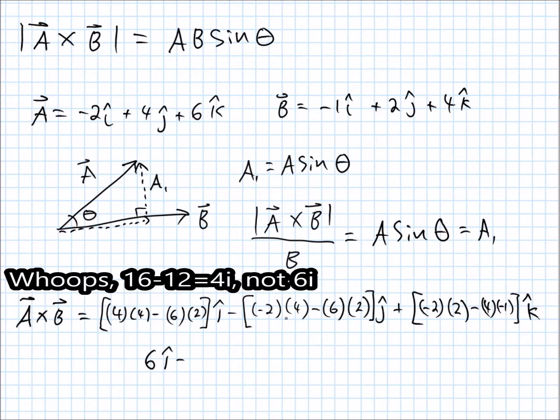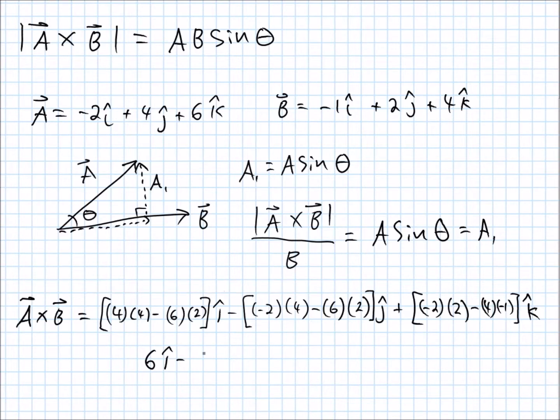Okay, minus, this makes negative 8, minus negative 12 is negative 20. So minus negative 20 means plus 20 in the J hat direction, plus we got negative 4 minus negative 4, so negative 4 plus 4 is 0. Oh, look at that. 0 in the K hat direction.